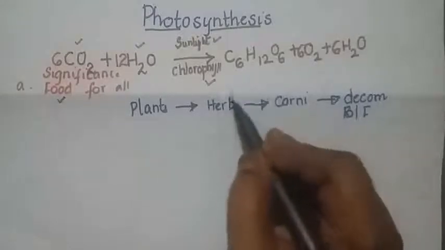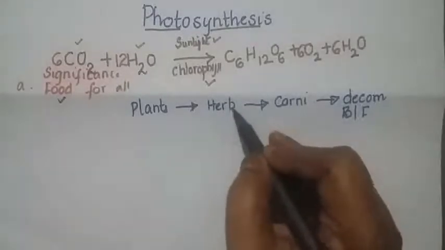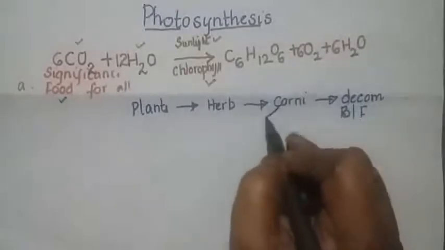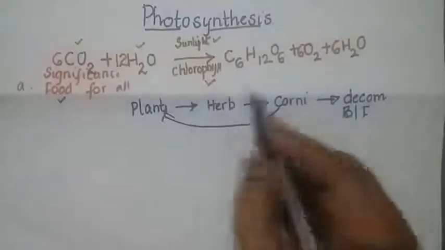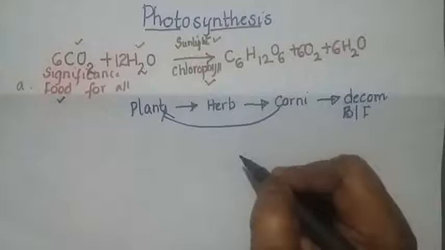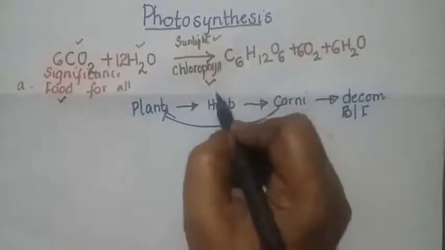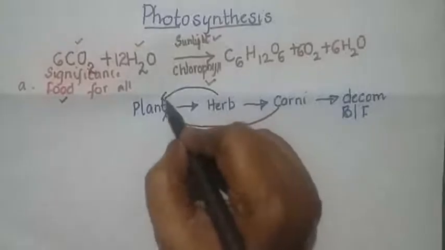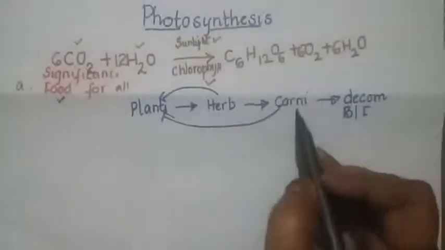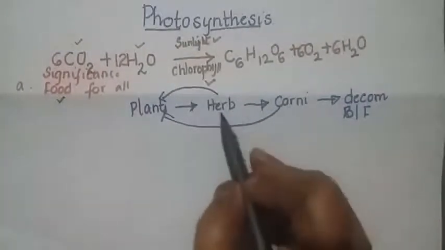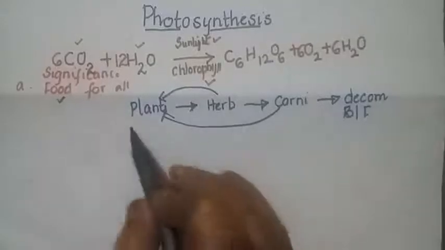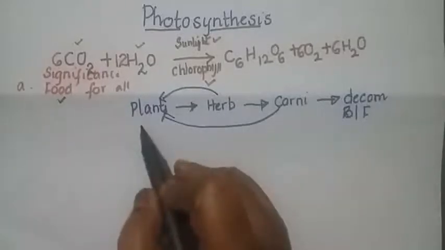So they eat the herbivores. So indirectly you can say that they depend on the plants for their food. Herbivores directly depend on the plants for their food, whereas carnivores, by consuming the herbivores, depend on the plants indirectly for their food.